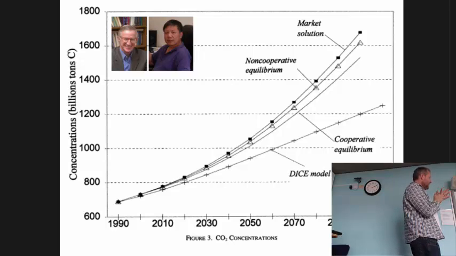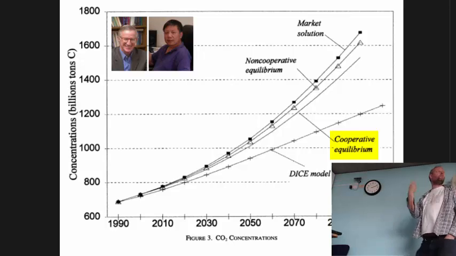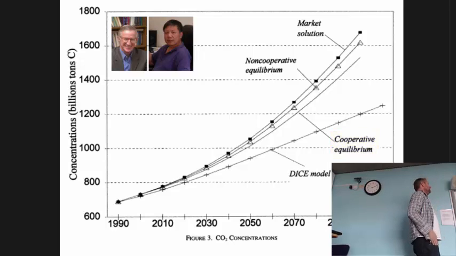We're now looking at 4 different scenarios. The line on top is the solution without any greenhouse gas emission reduction. Then we have the situation where we jointly reduce greenhouse gas emissions so as to maximize global welfare, so that's essentially the social planning solution.